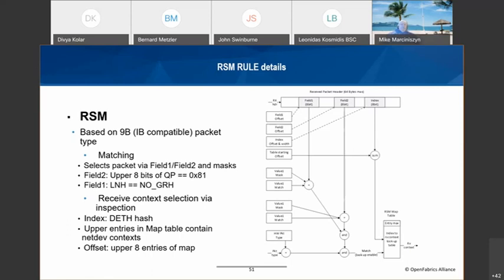The current index is in the DETH. We're actually using a reserved field there. And the upper entries in the map table contain the 8 NetDev contexts. As I said, those are the upper entries in the map. So that's the actual mechanism. It's quite elegant. It allows us to stare into packets and do this job. So it was actually pretty nice.